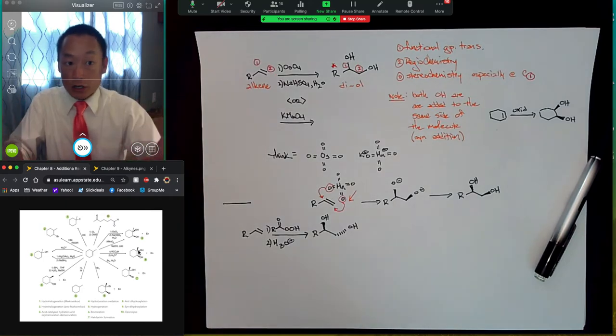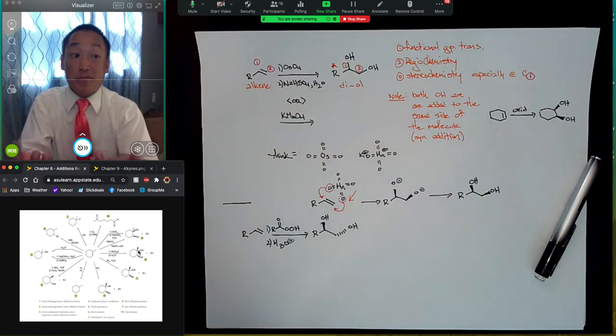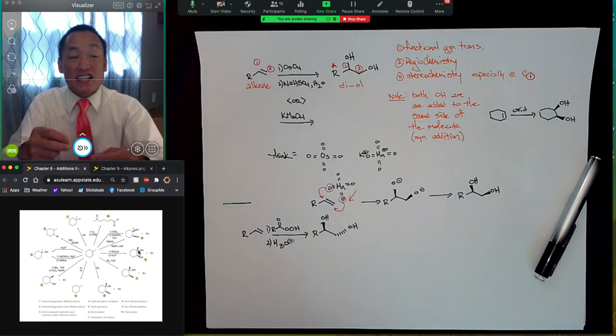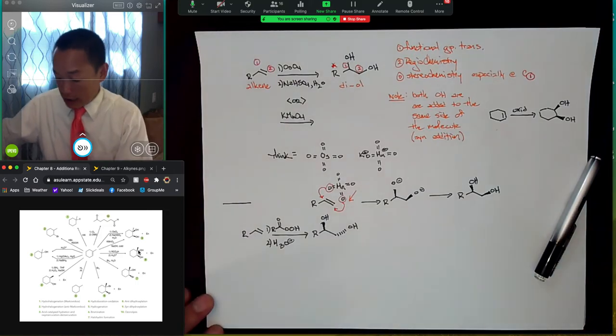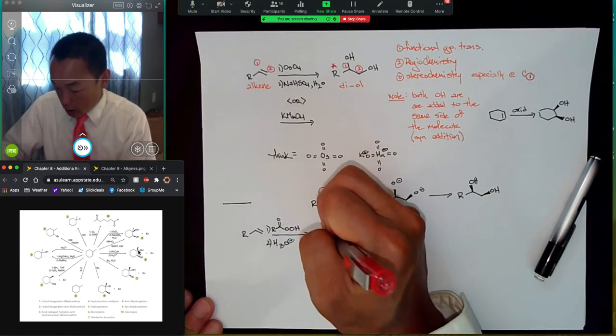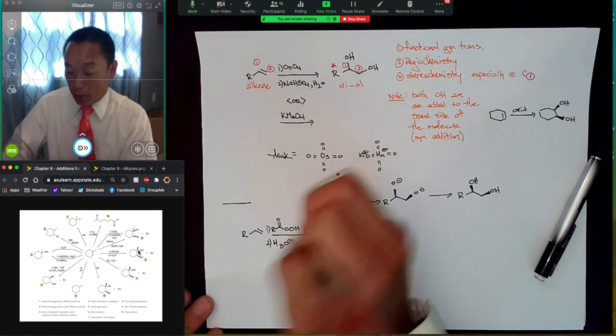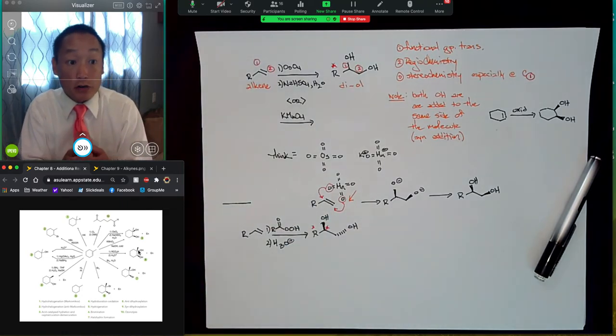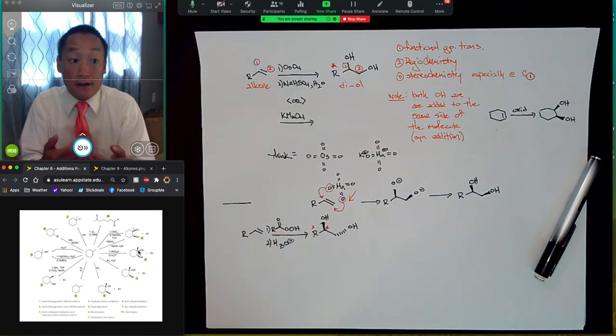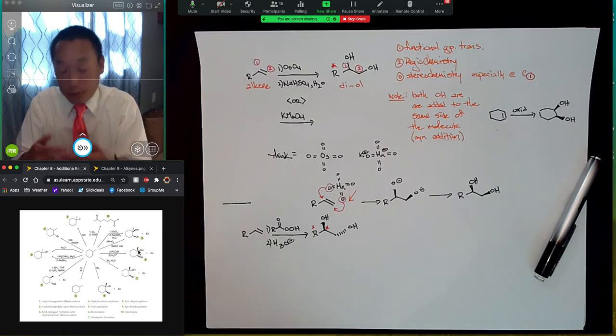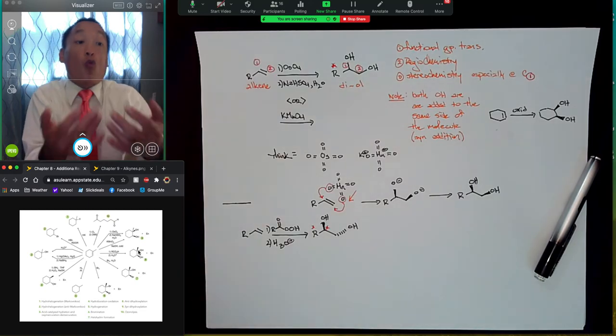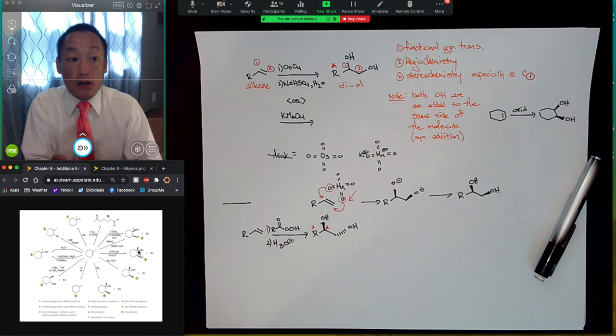The regiochemistry is still taking place on the same exact carbons. The stereochemistry, yikes: this carbon and sometimes this one are prone to potentially having stereochemical incidents if the example allows for that. And then taking it one step further, this is added in an anti-fashion.